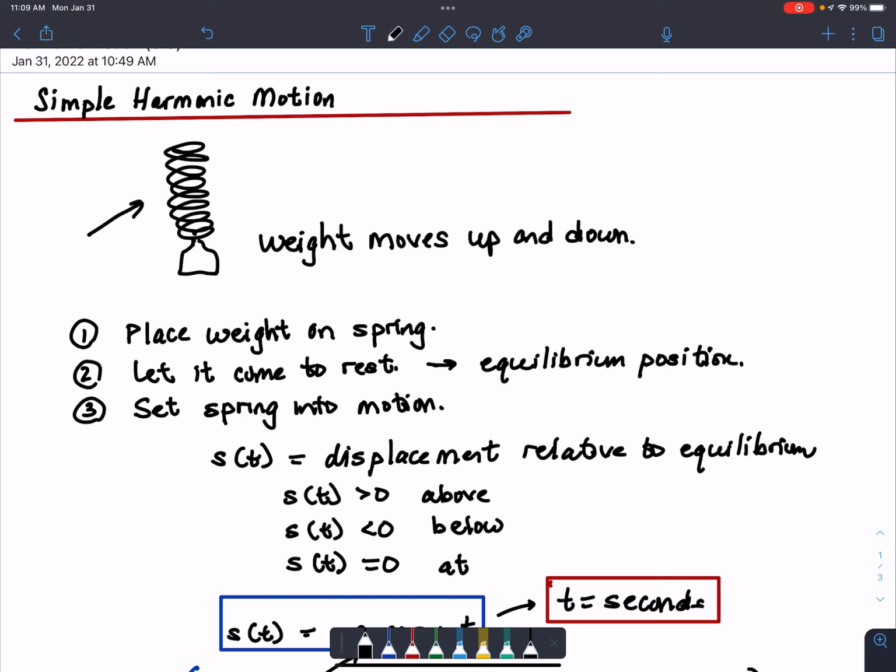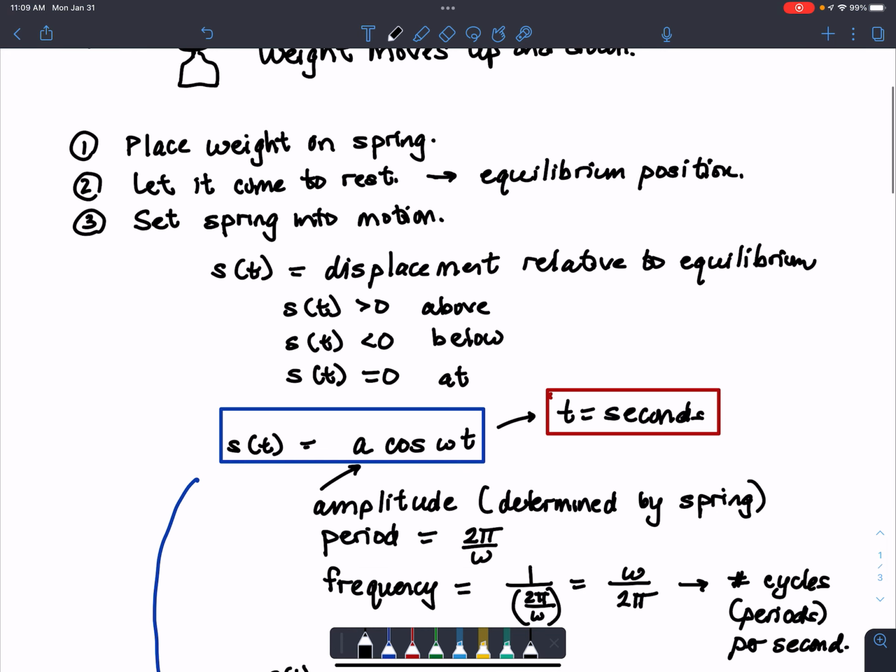So what we have is a model for the displacement of the object, and it shouldn't be a surprise that it is a trigonometric function. We are going to talk about those that start at the highest point from equilibrium and then oscillate from there, or lowest point as it turns out.